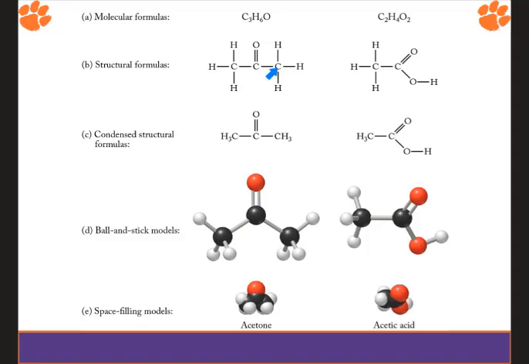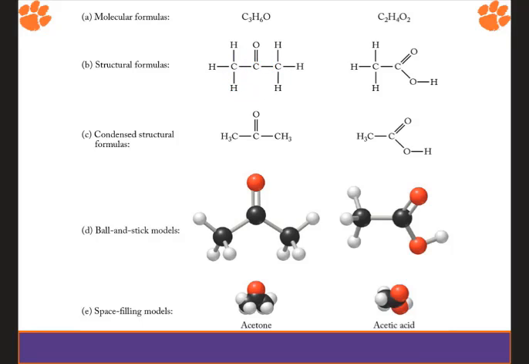And then this carbon is just like the left-hand carbon where it's bonded to 3 H's and a C. Over here with the acetic acid, again, we've got a carbon bonded to 3 H's and a carbon. Again, we've got a carbon with 2 bonds to O, 1 bond to this O and 1 bond to this carbon. And this oxygen has a bond to an H and a bond to a carbon. So this shows you what the structure looks like when you draw it out.